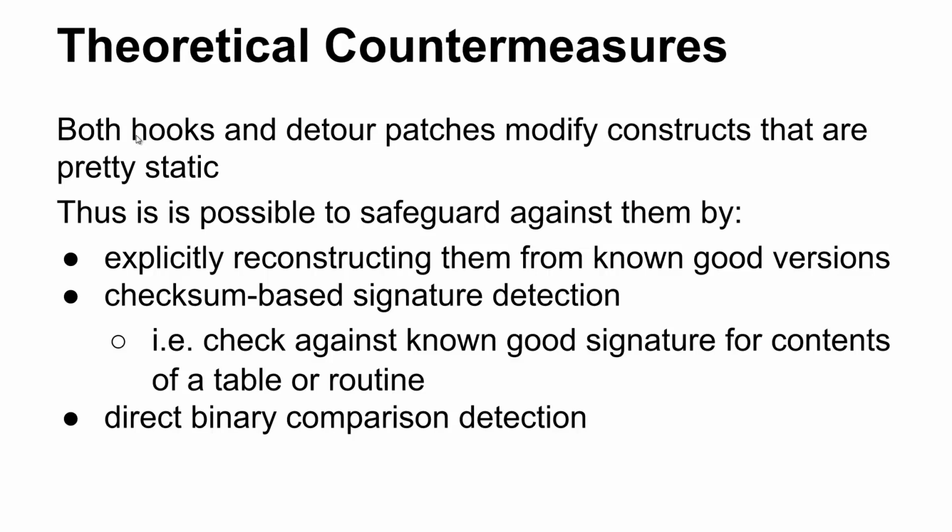So, in theory, it may be possible to safeguard kernels against those techniques by explicitly reconstructing them from known good versions, doing checksum-based detection, as well as doing direct binary comparison detection, if that can be done. It depends on the kernel boot process and how the memory space is all constructed, and whether or not there's any kernel ASLR going on.